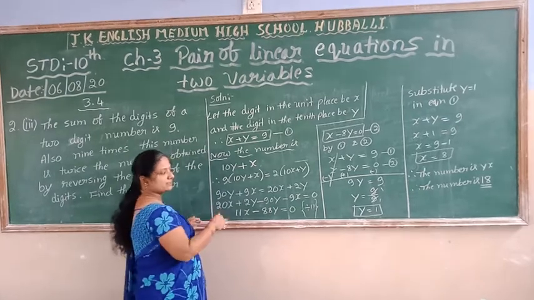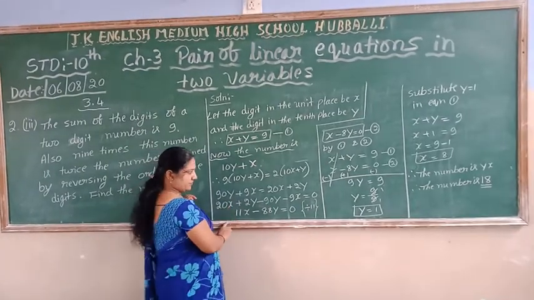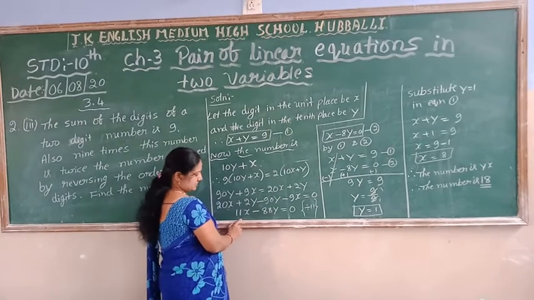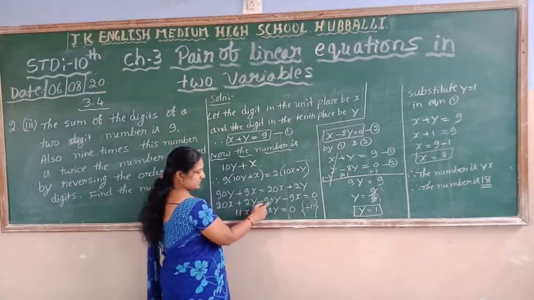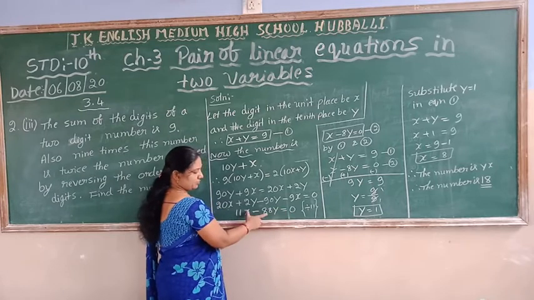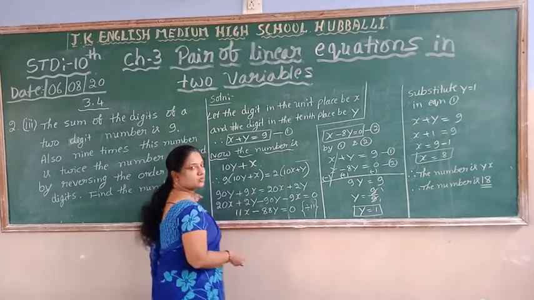Combining like terms, 20x minus 9x is 11x and 2y minus 90y is minus 88y, so 11x minus 88y is equal to 0. Both numbers are in the 11 table, so divide by 11. Then it becomes x minus 8y is equal to 0.